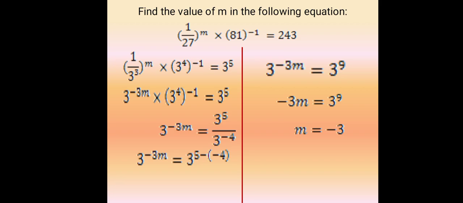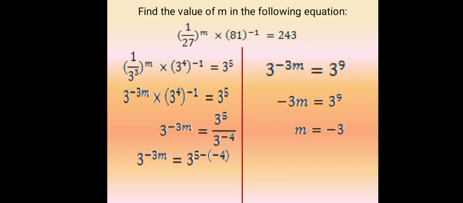Now multiply those powers with the powers that are outside the brackets. Like 1 over 27, you can write it as 3 raised to the power of negative 3. Now multiplied by m, it becomes 3 raised to the power of negative 3m.